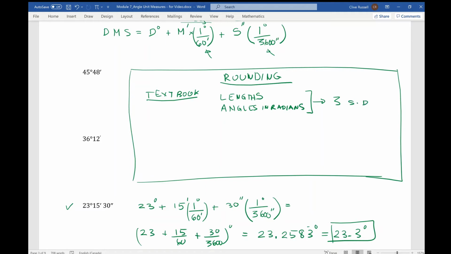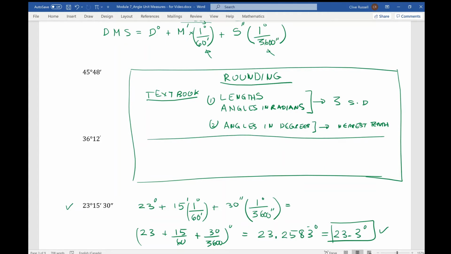However, when you have angles in degrees, then you round to the nearest tenth. That is 1 decimal place. So that's why we rounded this to the nearest tenth. It's coming from here. So let's call this 1 and 2. So those are the rules for your textbook.